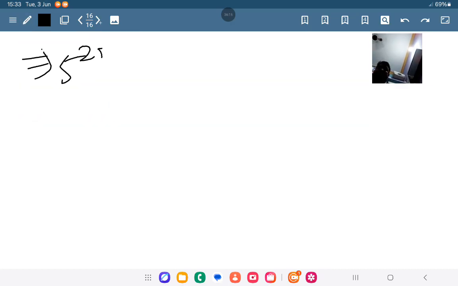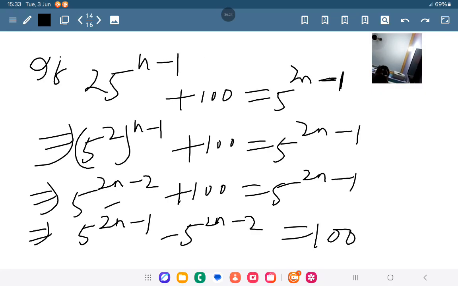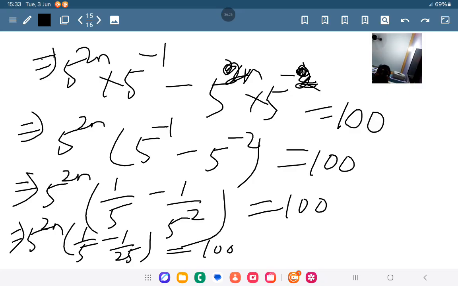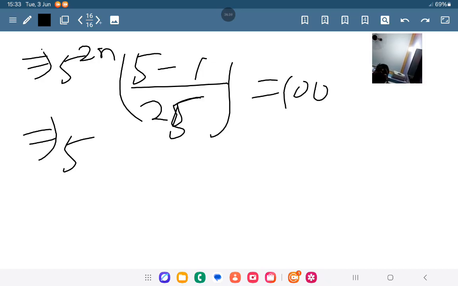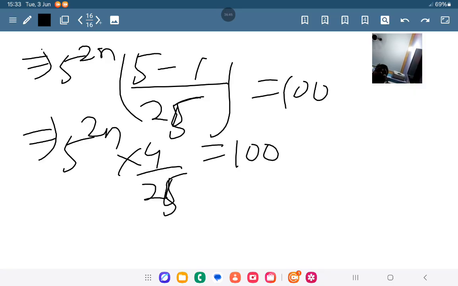So this implies 5 to the power 2n. The LCM will be 25, so (5 minus 1) by 25, that is equal to 100. So 5 to the power 2n into 4 by 25 equal to 100.